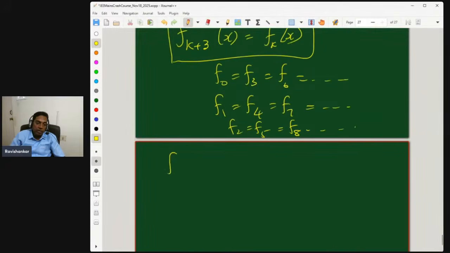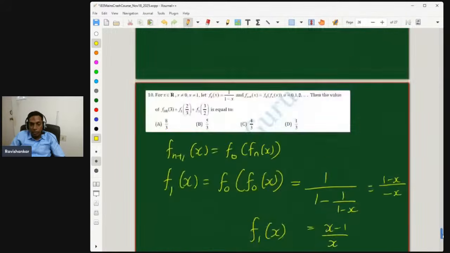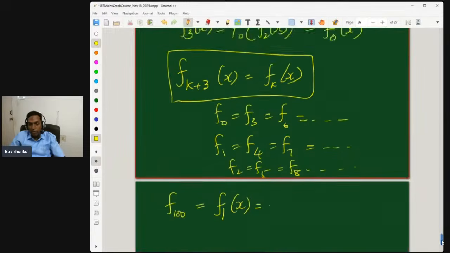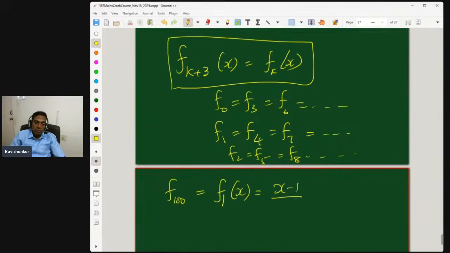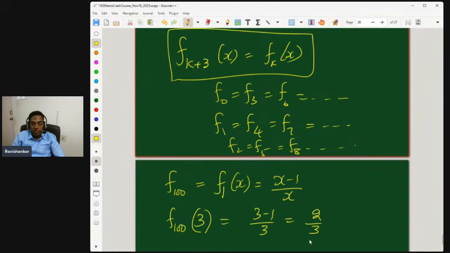So f100, which is 1 plus a multiple of 3, is f1 of x, and f1 of x we already found to be (x minus 1) by x. So f100 of 3 is (3 minus 1) by 3, which is 2 by 3.